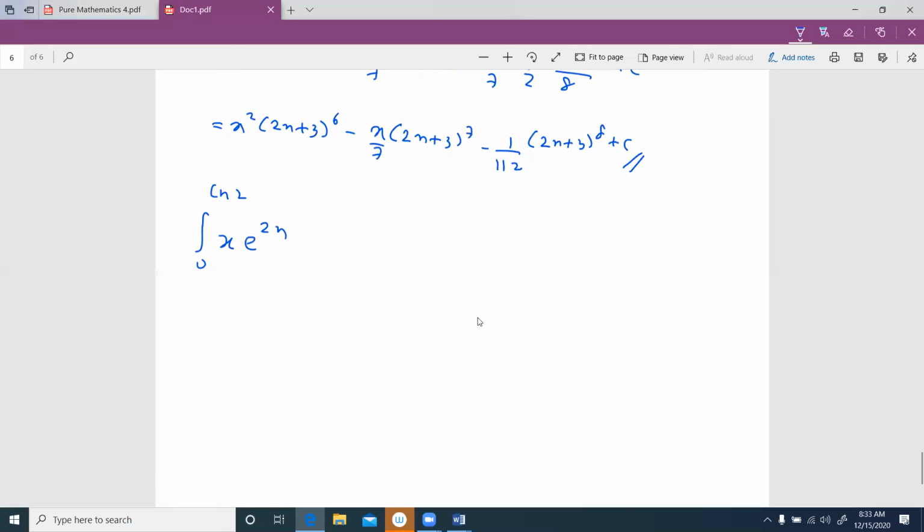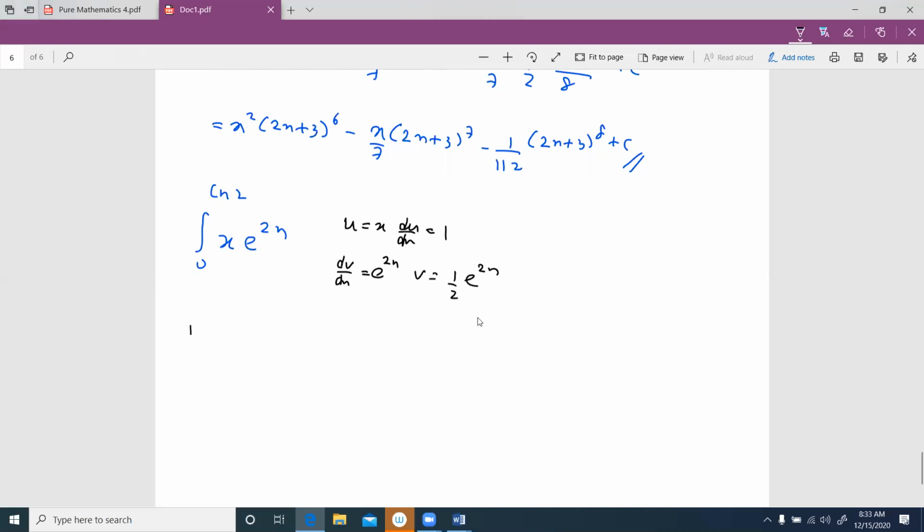Right. Initially, we can consider u. I'll consider u as x. Therefore, du by dx becomes 1. dv by dx is e to the power 2x. Therefore, v is the integration of that, which is 1 over 2 e to the power 2x.